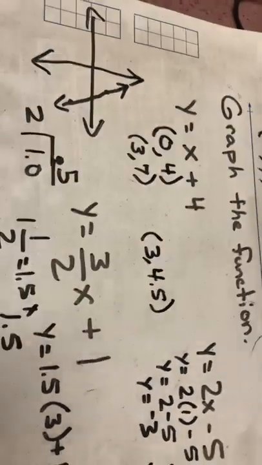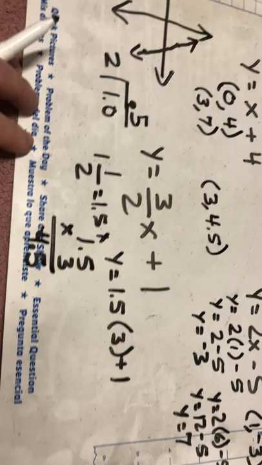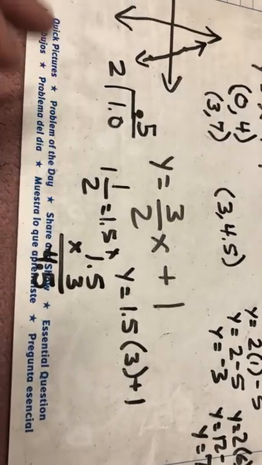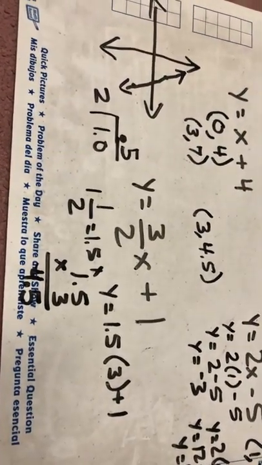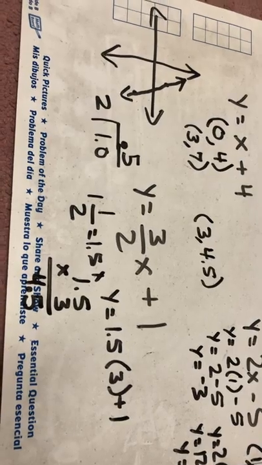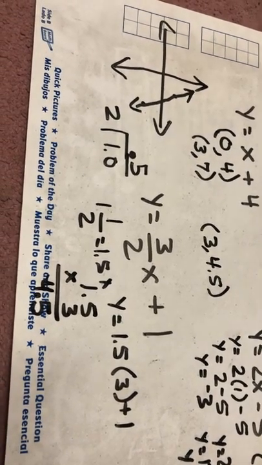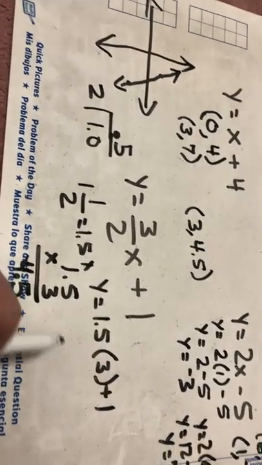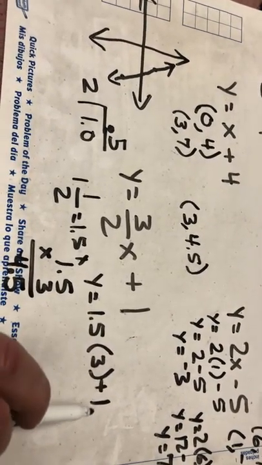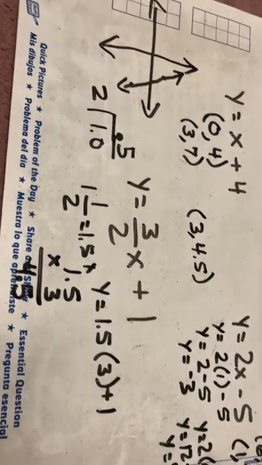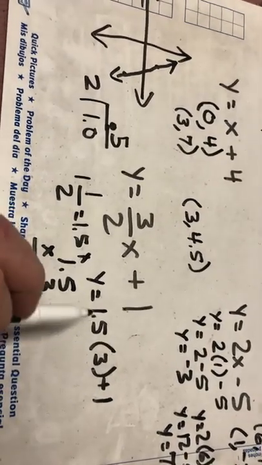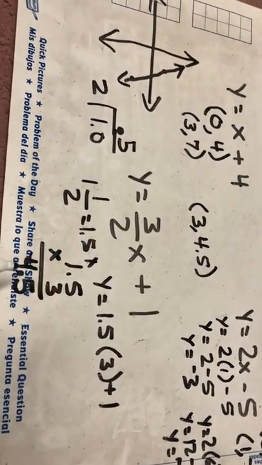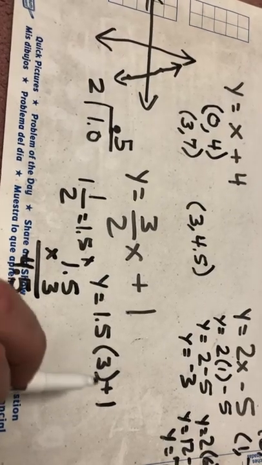We'll talk about how to deal with decimals, putting them on our graph. All right, so let's just come up with another one. Well, before we forget, hold on. 1.5 times 3 is 4.5, but I need to add the 1. I almost forgot to add the 1. That's something that Mr. Swack would have done back at school. 1.5 times 3 is 4.5, but it says plus 1.